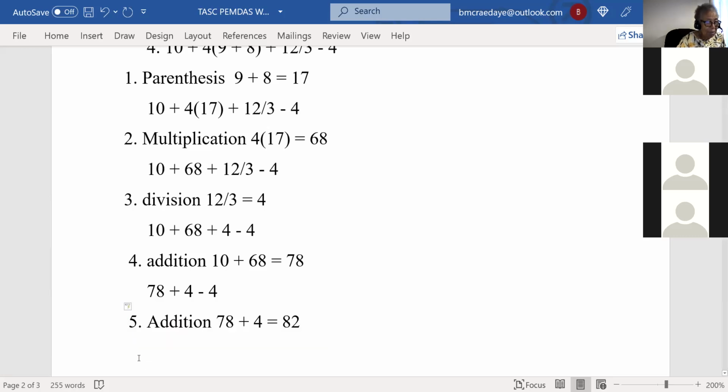And you see what I'm saying? To make your work simpler, when you get to this point, you could really just say 78 plus 0. But that's okay. If you want, we'll do it the long way.